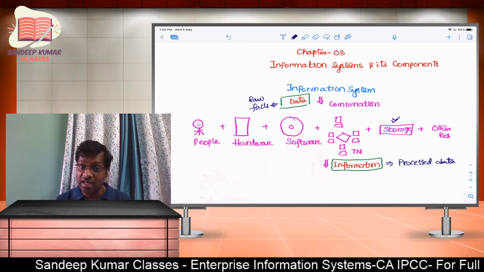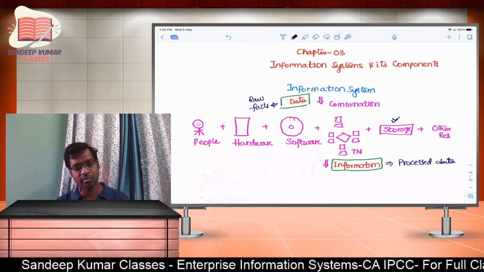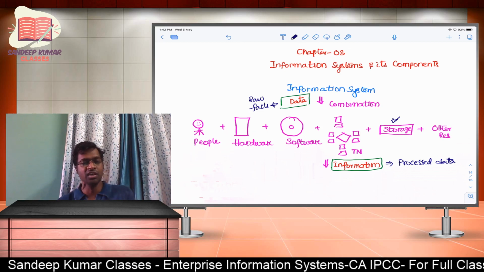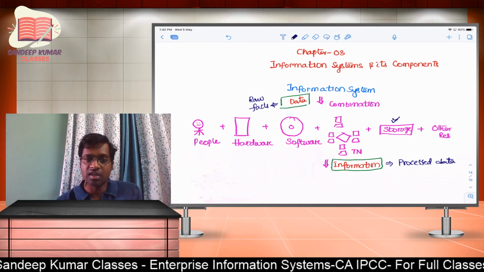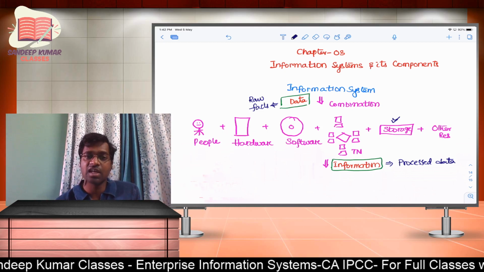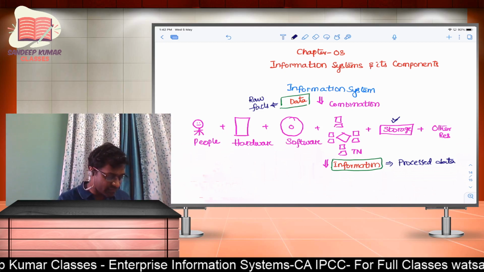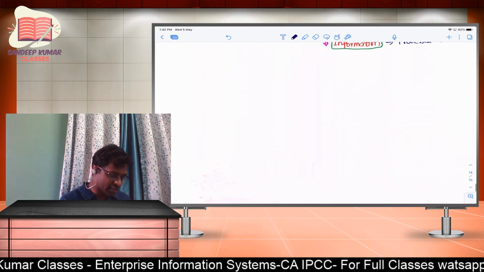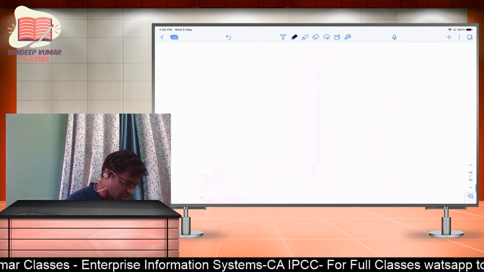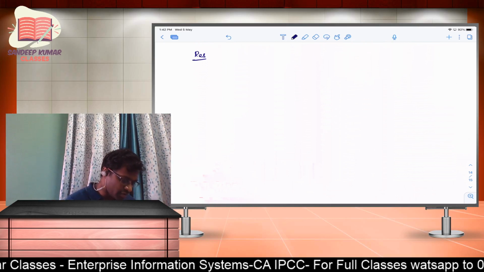How exactly did we convert this manual process into an automated process? Using information systems, we can convert a manual process to an automated process. So why do we require these information systems? I can classify two reasons.